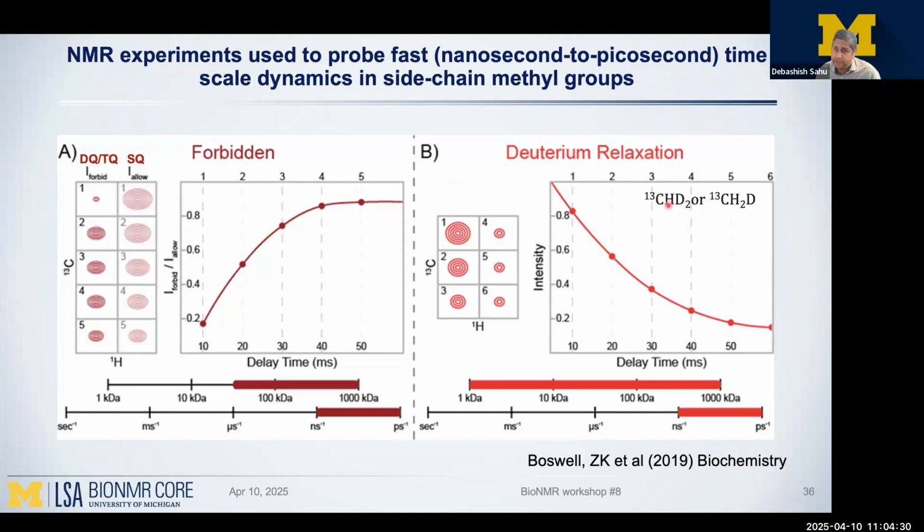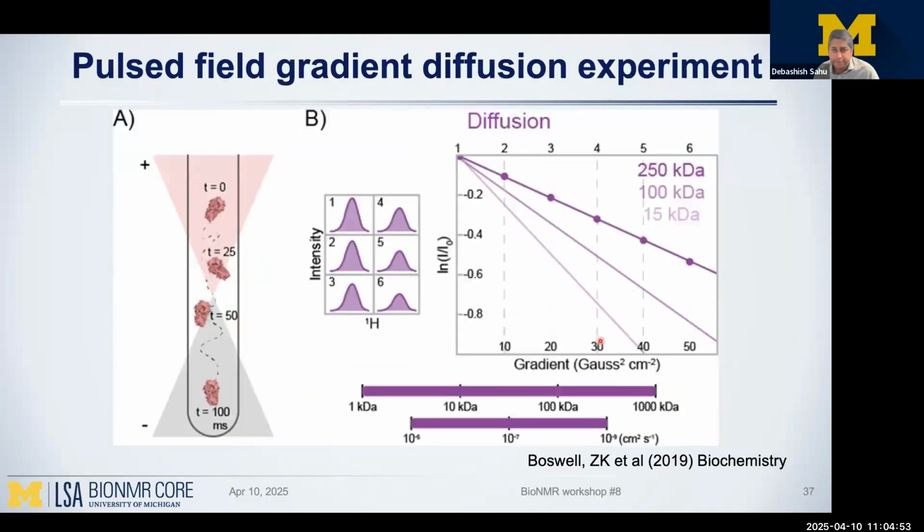So basically, you have the CHD2 or CH2D components that you can look at for different relaxation properties to probe the nanosecond to picosecond time scale. Okay, so come talk to me if you want to run these experiments. These are looking at very high motions. Okay, motions on a much faster time scale.